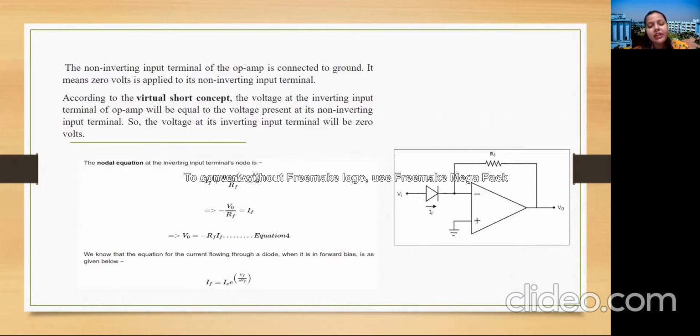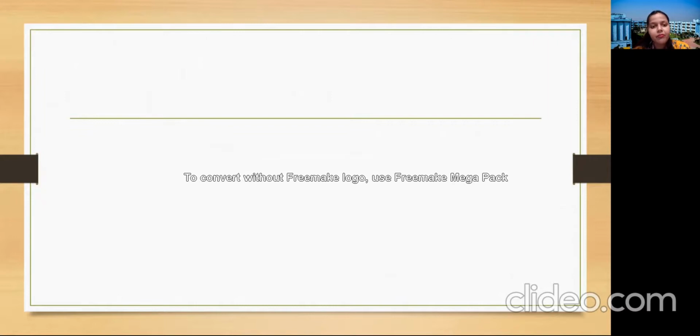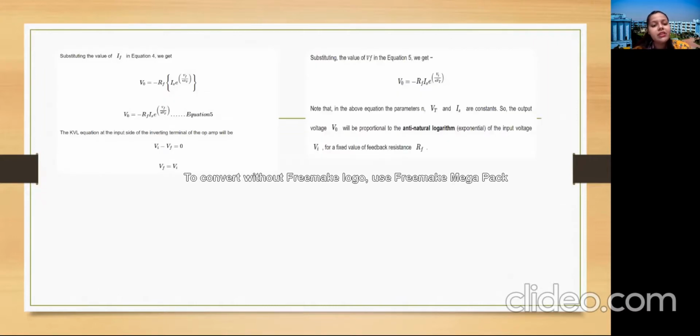Here we must know the equation of forward bias current of the diode. So again, If equals Is into e to the power Vf by NVT. And if we substitute the value of If in the equation of output voltage, we can write V0 equal to minus Rf into the substituted value of If.